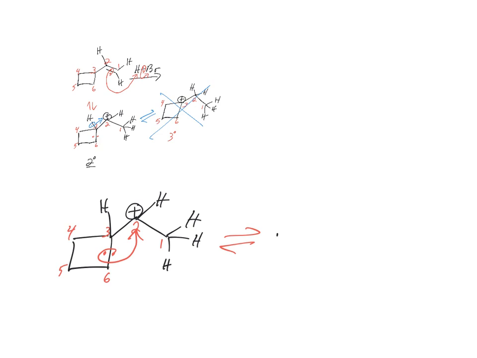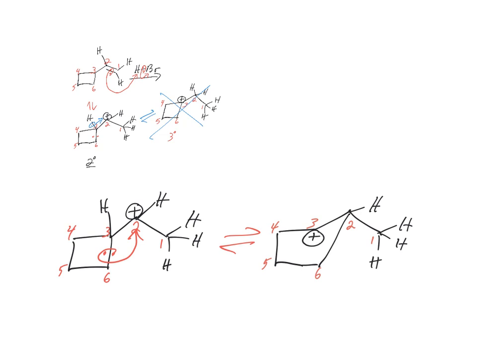We can draw it. I'll draw it ugly. Who cares? We'll fix it later. It's okay. It's going to be okay. 1, 2, 3, 4, 5, 6. And where was the plus charge again? On 3. Good.